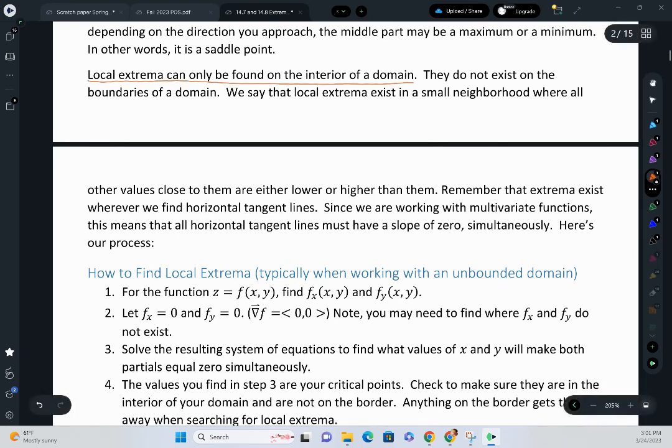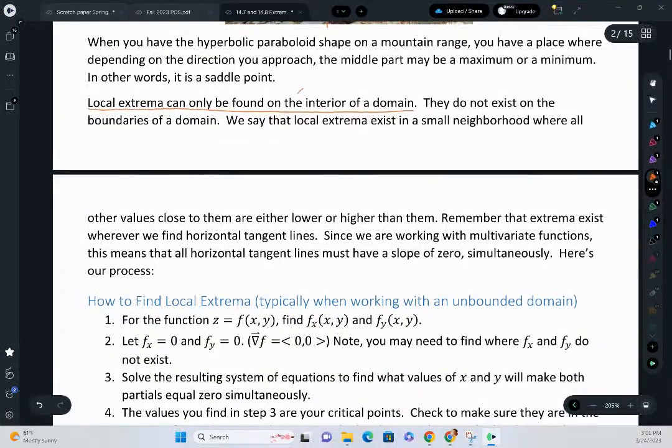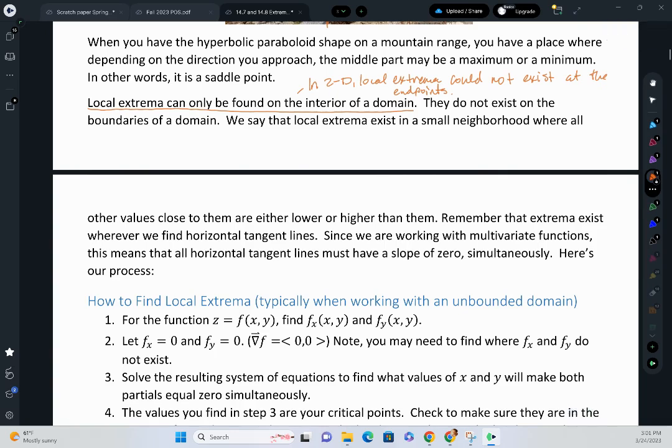So where that aligns with 2D is that local extrema could not exist at the endpoints. And so for us, that means they cannot exist on the boundaries of a domain. They have to be in the interior.